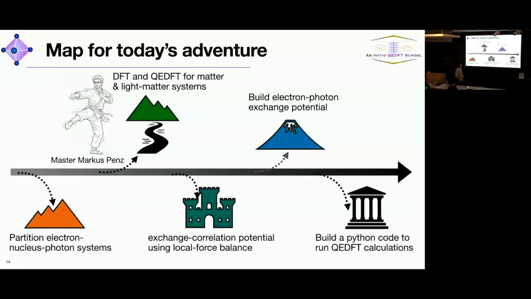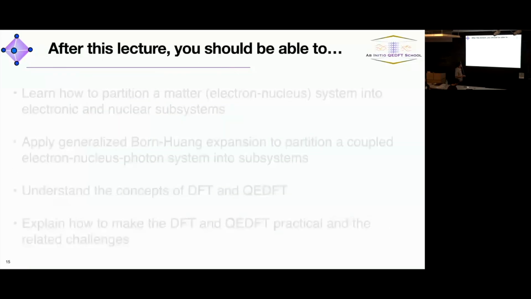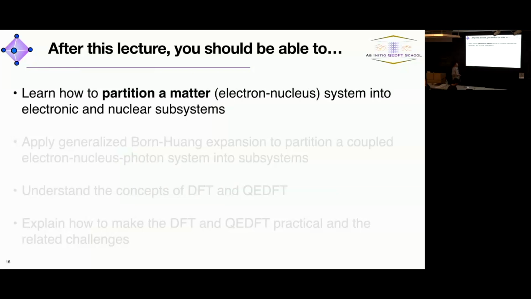Okay, now we are going to enter the first step. Before we go into the jungle, keep in mind our learning objectives. First, I'm going to do the partition for you, just for the electron and nucleus. Most of you are probably from a quantum chemistry background and already know how to partition electrons and nuclei, so I'm going to do the easiest part for you.